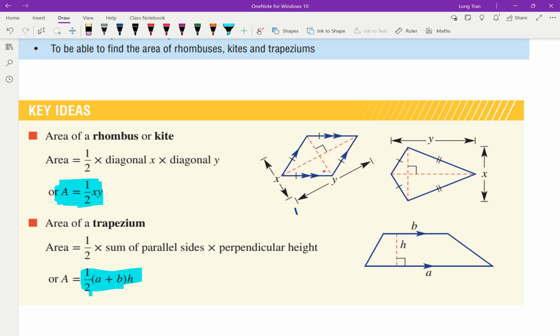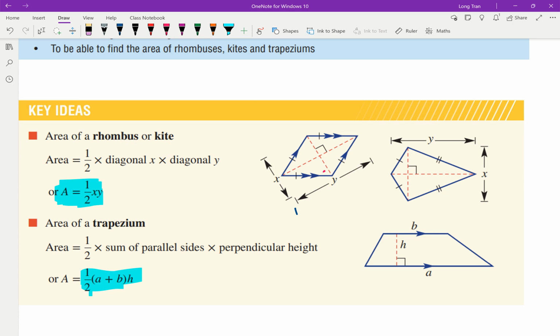3 shapes, 2 formulas. Not hard. Go, let's go. You got another 30 seconds, and I'm doing examples for you. 30 seconds.